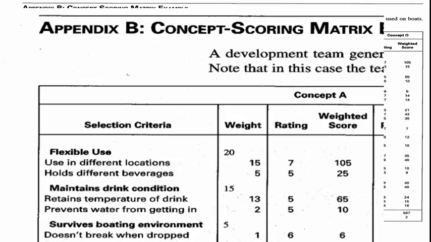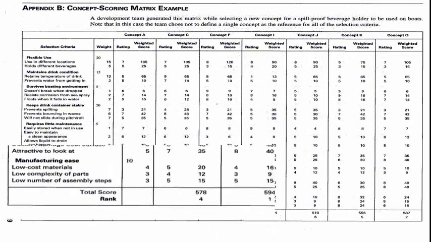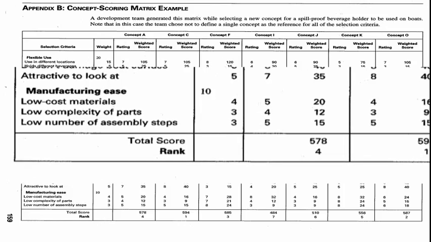So you can get very detailed and do subdivisions of criteria on this. And then they did the total score at the bottom, and they also included manufacturing ease in this case. That's something that you might want to include in your stove design or your design for your final project for the semester is manufacturing. That's something we didn't consider. That's something the user doesn't care about, but you care about it because you're the designer. So you might want to include that.